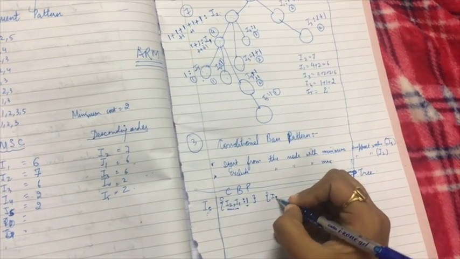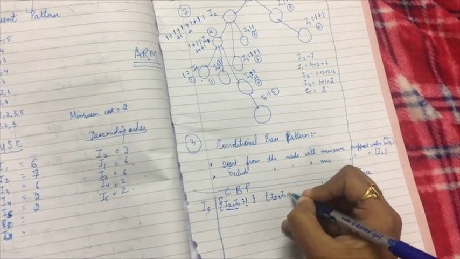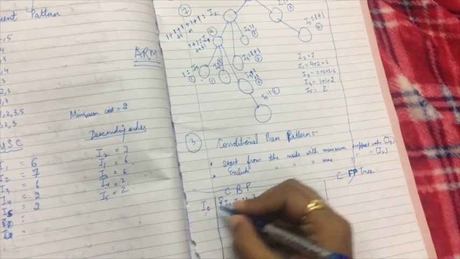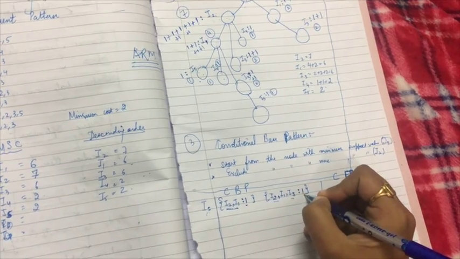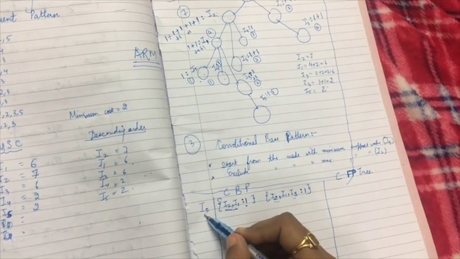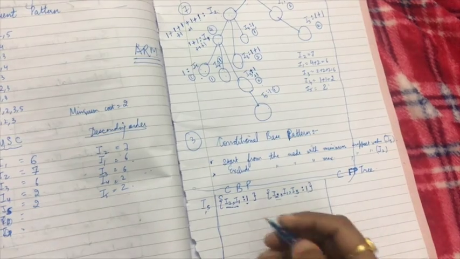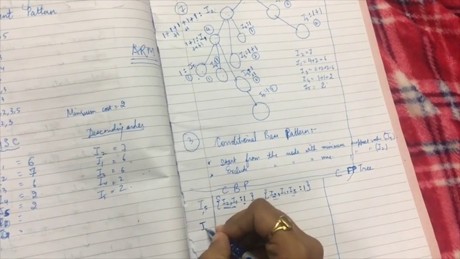So I2, I1, I3, and I reached I5. This path is covered only once. I started from null reaching I5. Okay, so first let's make all the conditional base patterns for all these.